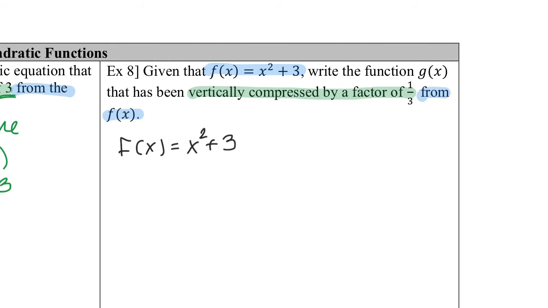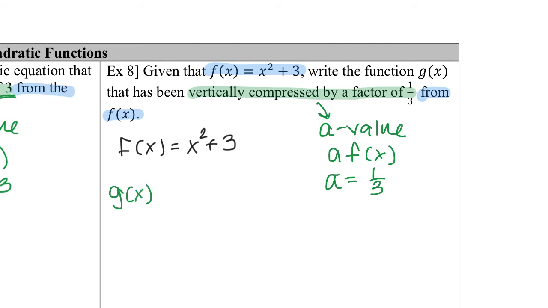So since it's vertically compressed, that's our a value. It looks like this, a times f of x. And our a, since it's compressed by a factor of 1/3, is equal to 1/3. So g of x, our new function, will be whatever a is times my old one. And we said that a was 1/3 times f of x.